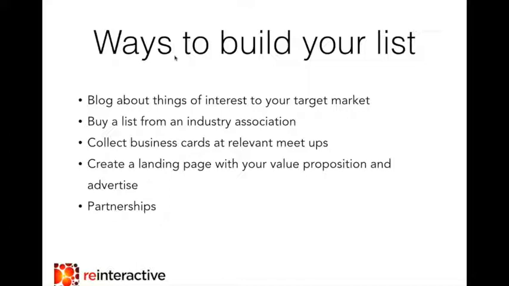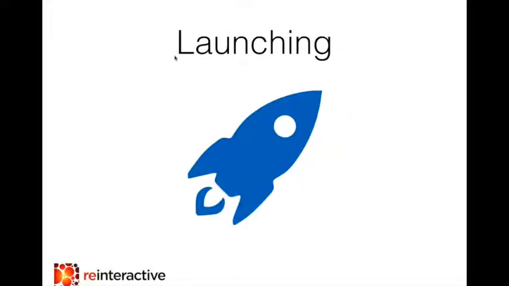You could advertise on Google AdWords and create a landing page for people interested in the mythical product that you're advertising. You could form partnerships with people in the similar industry that you're targeting. There are lots of different ways, and it's an important process to make sure that you've built that list and you are ready for your big launch day.